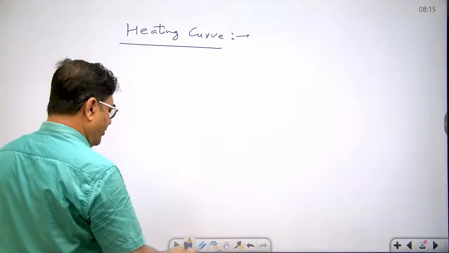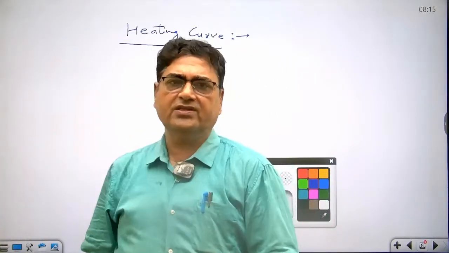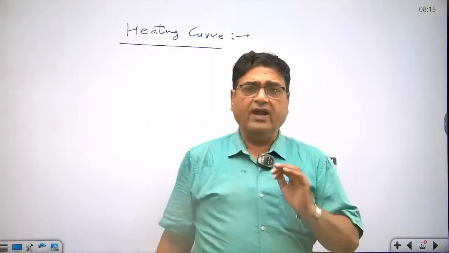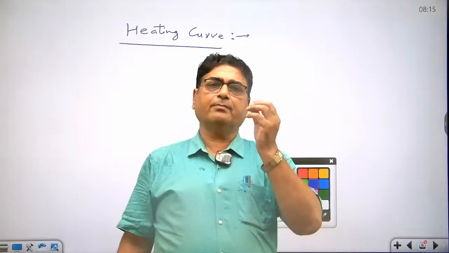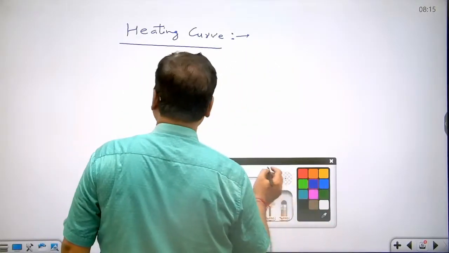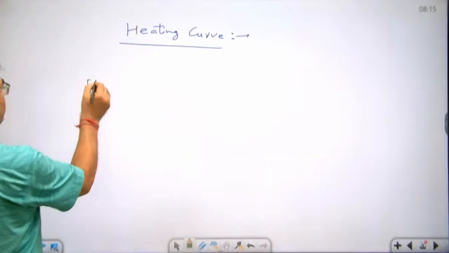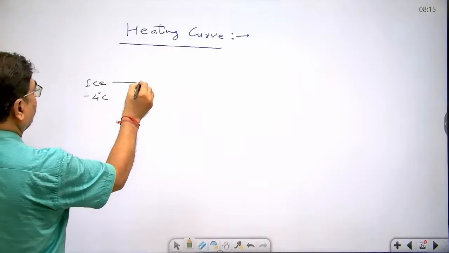This curve is very important, and in almost all competitive examinations, questions are usually asked on this heating curve. Let us understand what happens when heat is supplied to some amount of ice at minus 4 degrees centigrade.